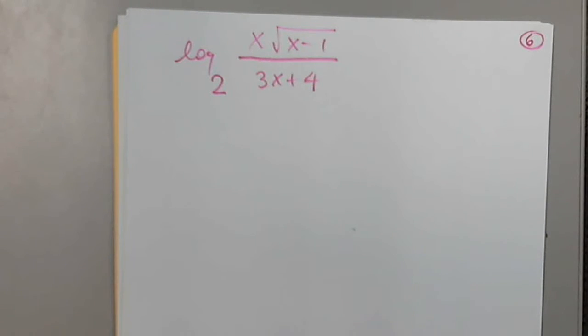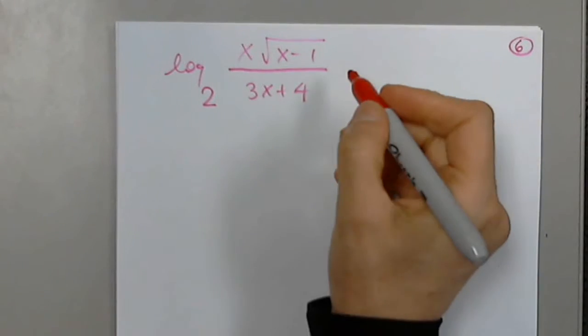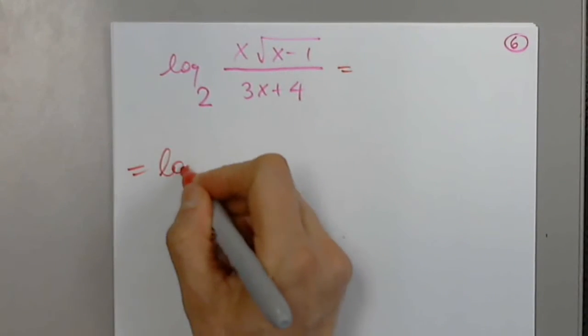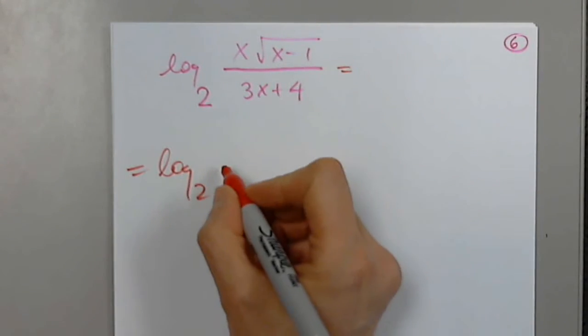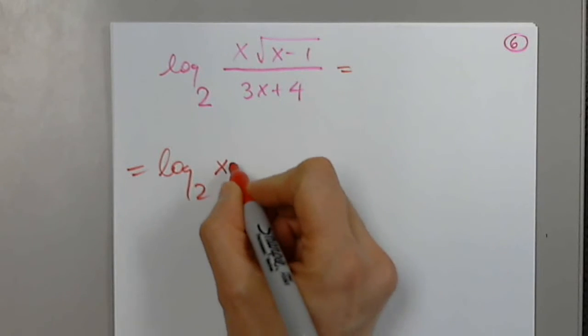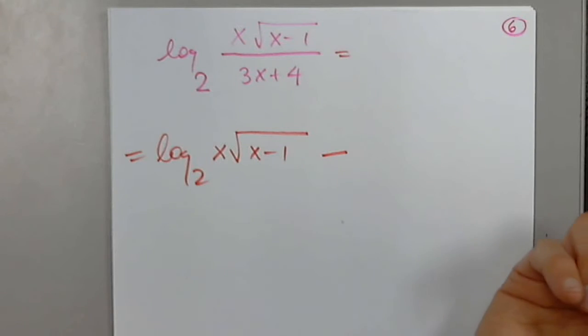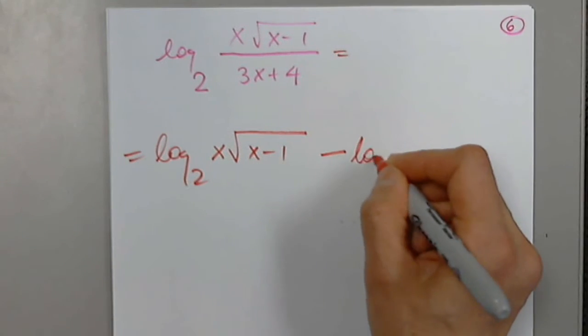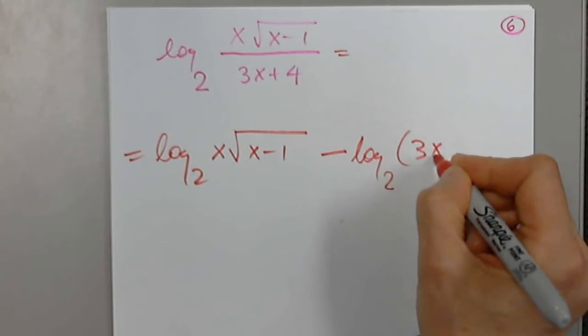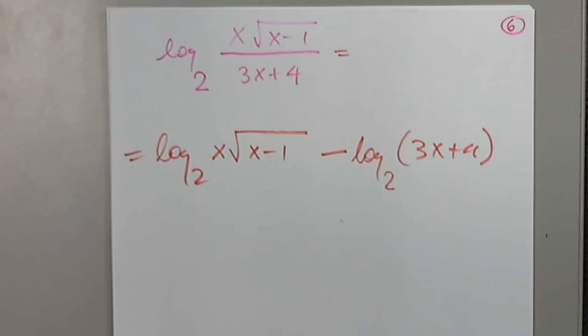The first step is the fraction. Very good. And what do I write? Log base 2 of x times root of x minus 1, minus log base 2 of 3x plus 4. Very good. Perfect. Okay, what next?